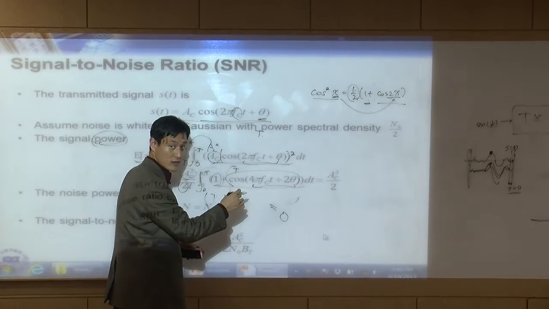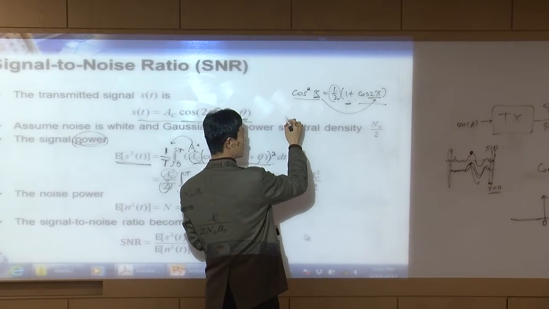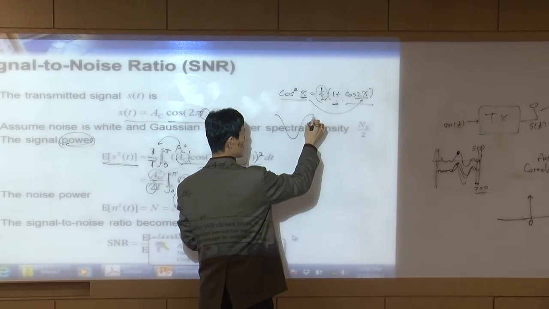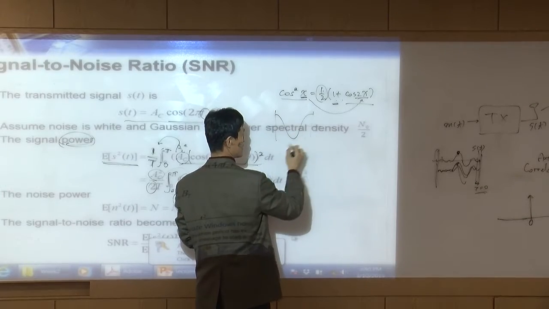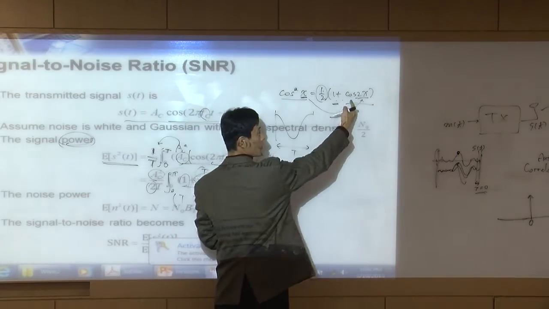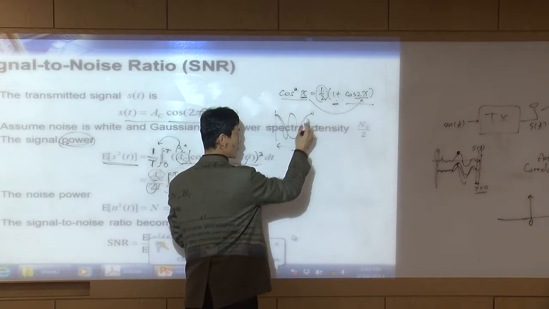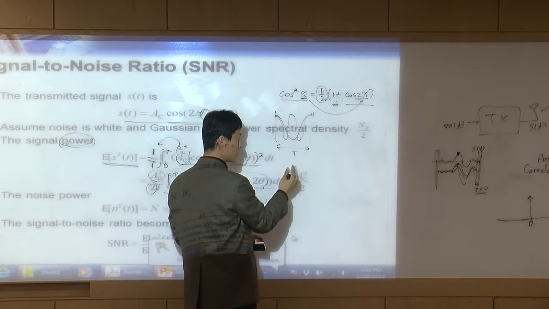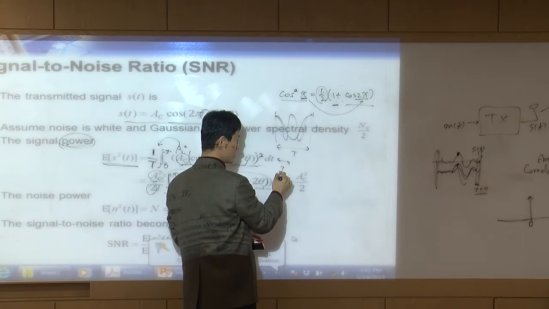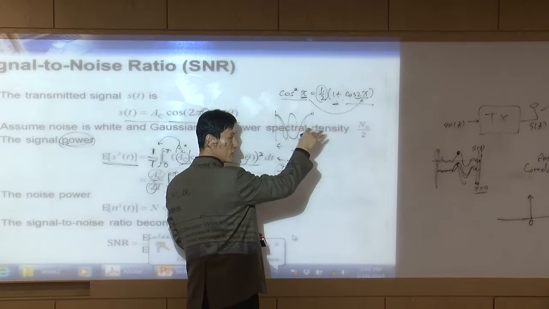You know why, right? Let's draw the cosine x. This is cosine x. What is cosine 2x? We have a 2 inside the cosine, so the period is halved. So for cosine 2x, what's the average?